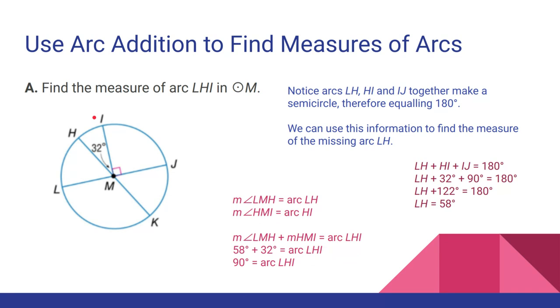So the measure of angle LMH equals arc LH and the measure of angle HMI equals arc HI. So we can go ahead and plug that in. So the measure of angle LMH plus the measure of angle HMI equals arc LHI. So 58 plus 32 equals the arc that we're looking for. So that means our arc right here is exactly 90 degrees.